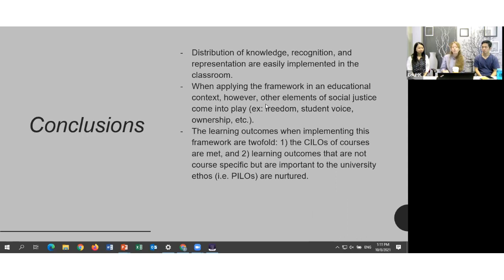And the learning outcomes might not be course specific, but they are important to our university because they meet quite a few of the PILOs that have been outlined by the university and are included in the ethos of the university to nurture our students and prepare them for the future. I think that's it.